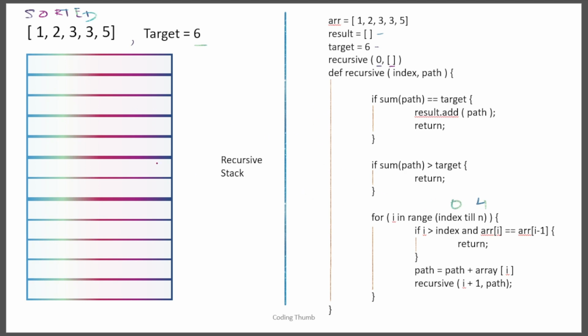Now the first path that we create here would be path plus array of I, and array of I, which is here, this one, becomes 1. Now we call the same function again in a recursive manner, and we increment the index to I plus 1. So the index value now becomes 1, from 0 it becomes 1.